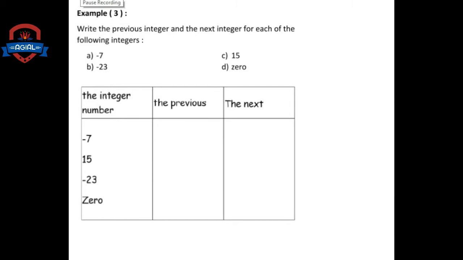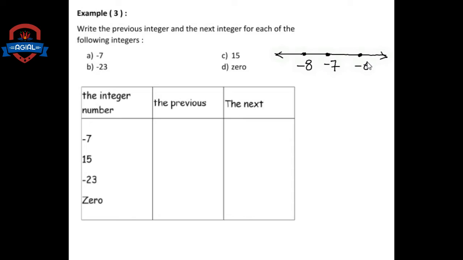Example number 3. Write the previous integer and the next integer for each of the following integers. Letter A, negative 7. If we represent negative 7 on the number line, the previous integer would be negative 8 and the next integer of negative 7 would be negative 6.